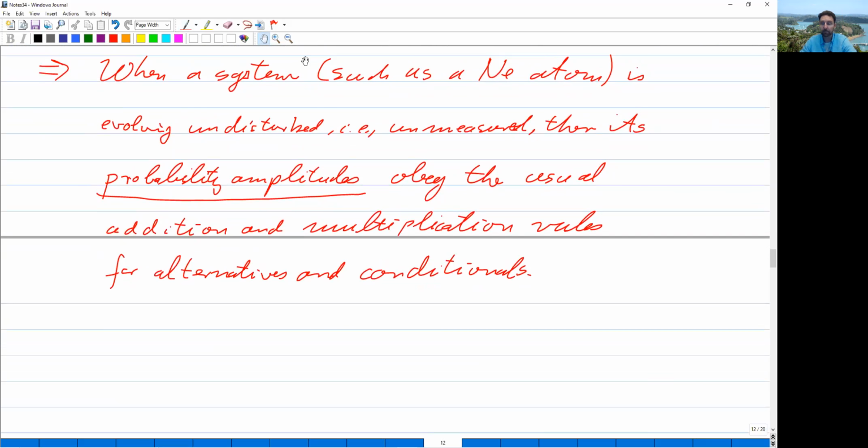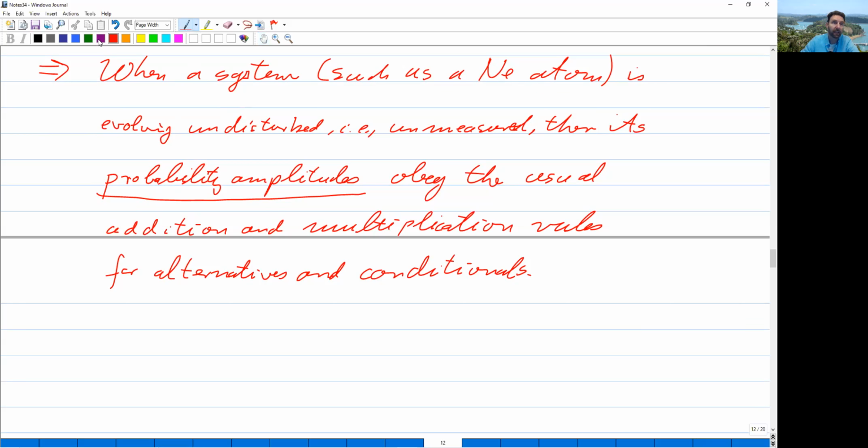This is the deep insight that I was telling you about, namely that when a system evolves in an undisturbed way, if it doesn't interact with another system, then its probability amplitudes obey the rules of probability. But this also means that its probabilities do not obey the rules of probability. Right?